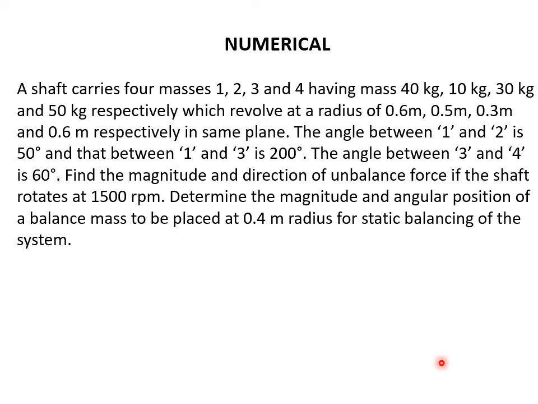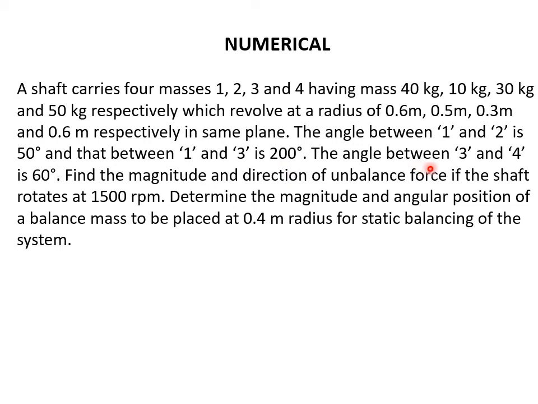A shaft carries four masses 1, 2, 3 and 4, having mass 40 kg, 10 kg, 30 kg and 50 kg respectively, which revolve at radii of 0.6 meter, 0.5 meter, 0.3 meter and 0.6 meter respectively in the plane. The angle between 1 and 2 is 50 degrees, and that between 1 and 3 is 200 degrees.